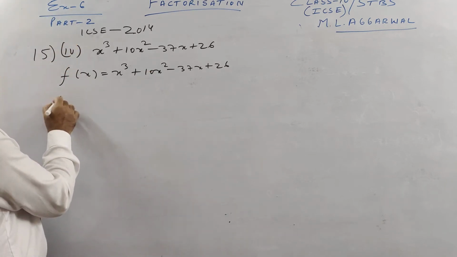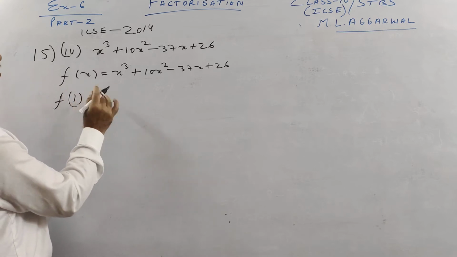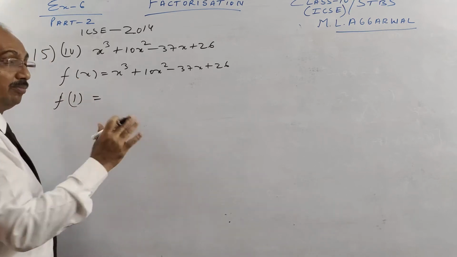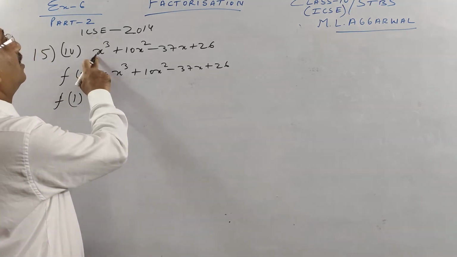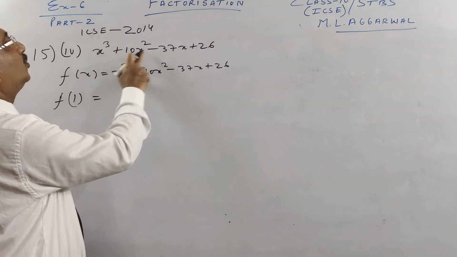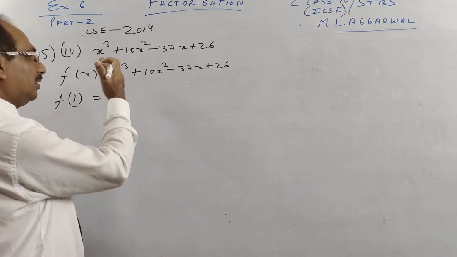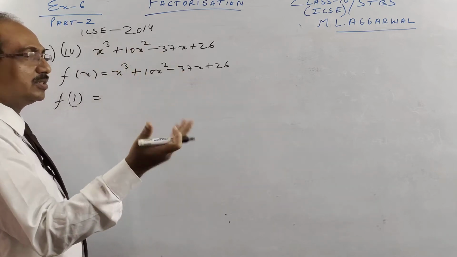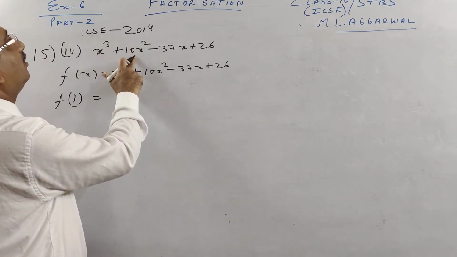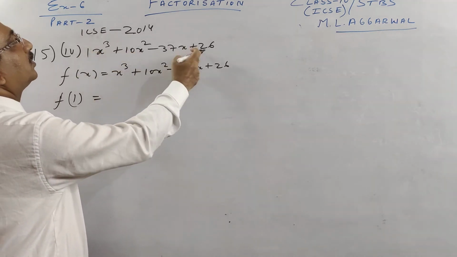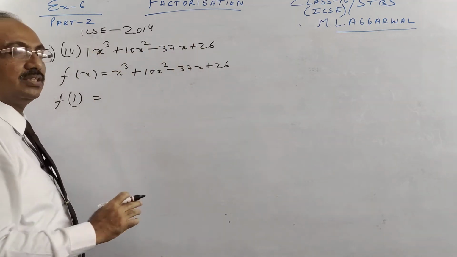So let us put by hit and trial x is 1. So as I told you, when you put 1, mental maths method, what I told you, this is 1. 1 plus 10. So you don't see x only, because x is 1 means it is 1. Either x cube, x square, x is 1. So see, 1 plus 10, 11. Here 1 is hidden. 11 plus 26 is 37. 37 minus 37, 0.